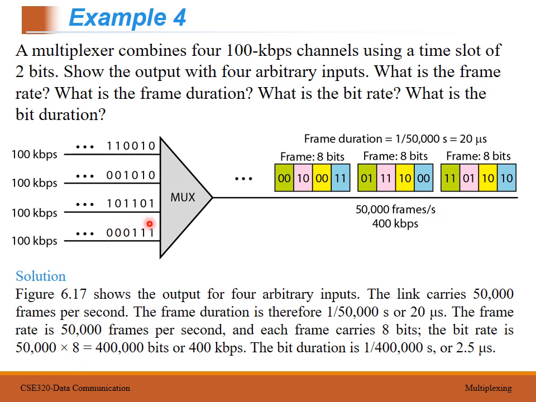So the bit rate will be 50,000 into 8, which equals 4 lakh bits, which is 400 kbps. And what is the bit duration? The duration will be the inverse of the bit rate. So the bit duration is 1 divided by 4 lakh second, or 2.5 microseconds.